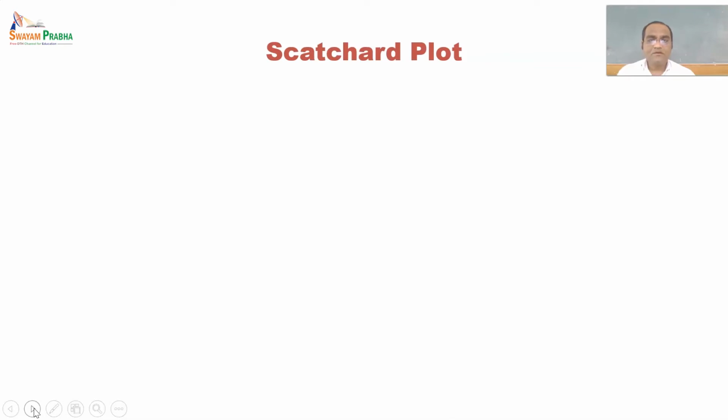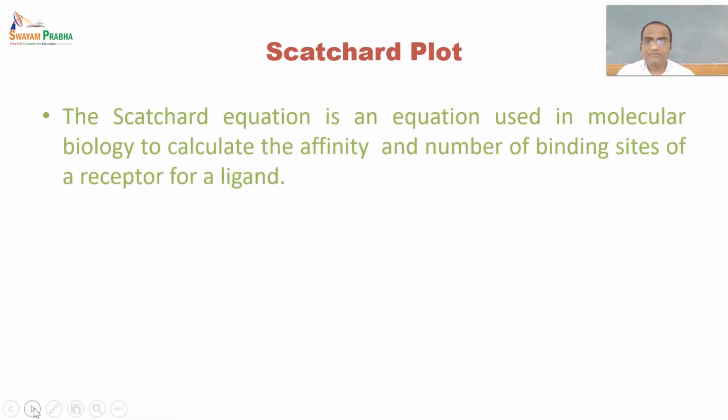Now we'll see the next concept, that is the Scatchard plot. The Scatchard equation is used in molecular biology to calculate the affinity and number of binding sites of a receptor for a ligand.